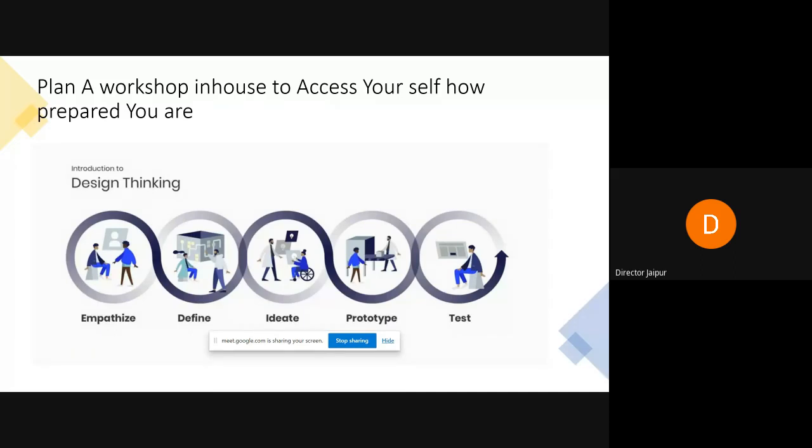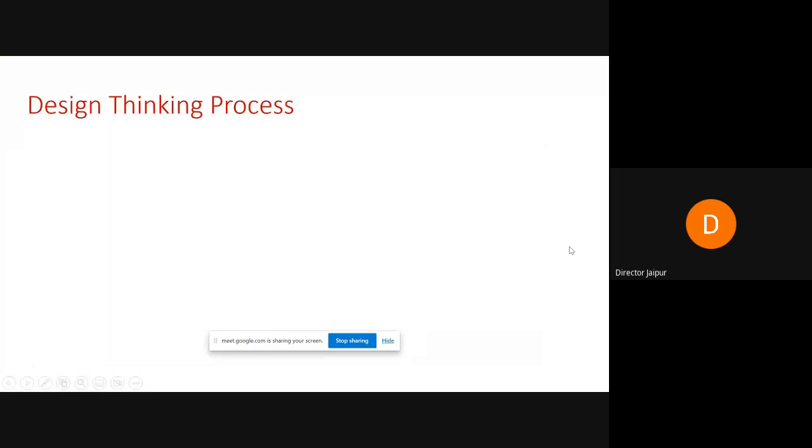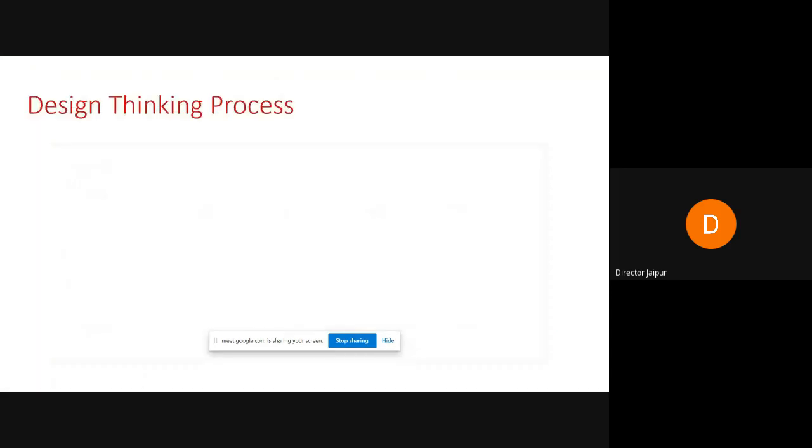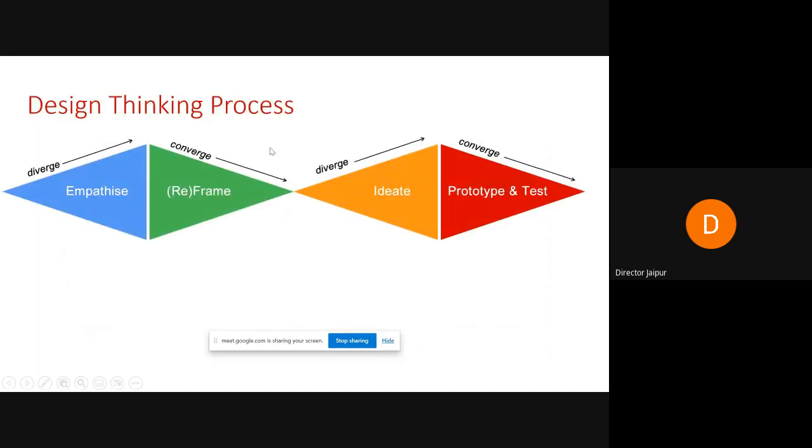So you have empathize, you have define, then you have ideate. That means you conceptualize this perfectly, then you generate a prototype and test, and these are the other normal steps. The first and foremost important thing is to empathize. Most of the things that you find on the internet, this wonderful PPT I have taken from somewhere.